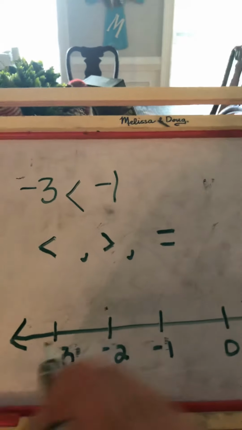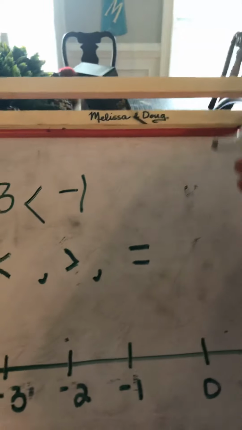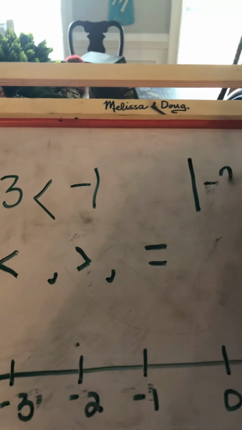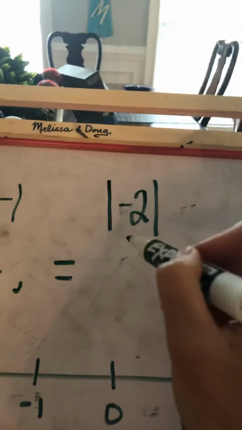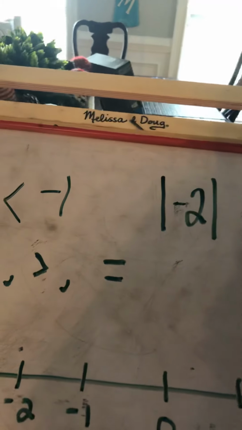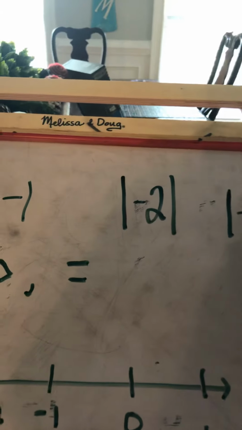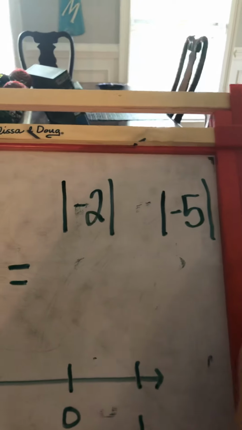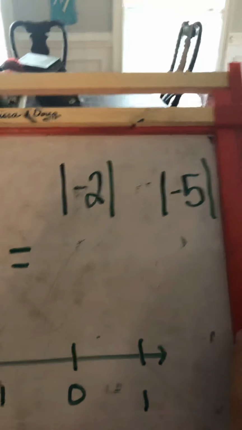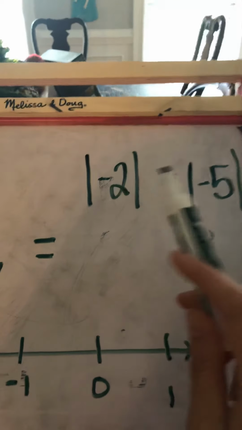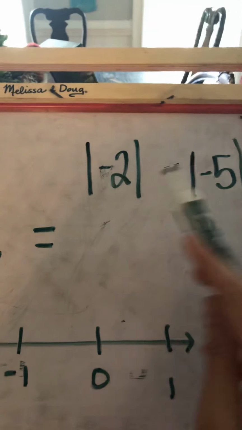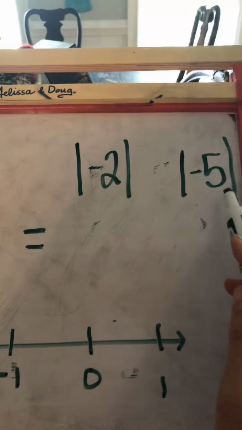You might see some with absolute value signs. So remember, absolute value signs look like this. They're two vertical lines. So this is the absolute value of -2 and the absolute value of -5. Now, before we put a sign in here, we actually have to find out what is the absolute value of -2 and what is the absolute value of -5.